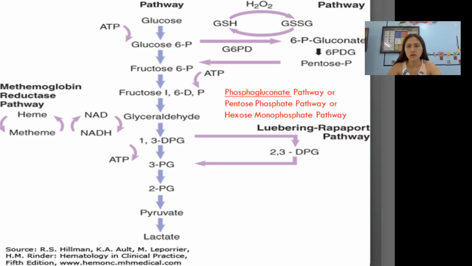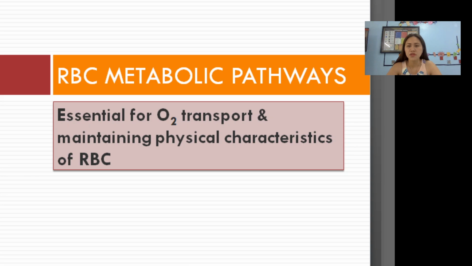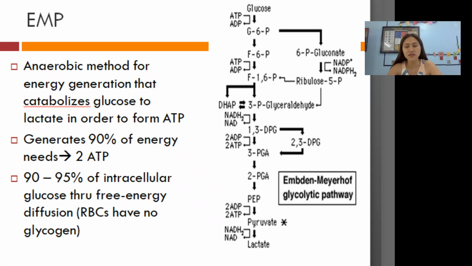All right. So RBC metabolic pathways are essential for oxygen transport and maintaining the physical characteristics of our RBCs. So let's start by discussing first what the Embden-Meyerhof pathway is. Again, the Embden-Meyerhof pathway is an anaerobic method for energy generation that catabolizes glucose to lactate in order to form ATP. So this is the whole process here.